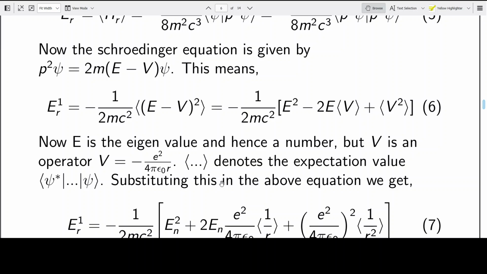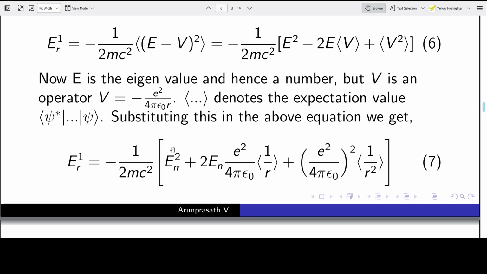Substituting the expression for V in the above equation, we get E1R is equal to minus 1 over 2mc squared times E_n squared plus 2E_n times e squared by 4 pi epsilon naught times the expectation value of 1 over r, plus e squared by 4 pi epsilon naught whole squared times the expectation value of 1 over r squared.